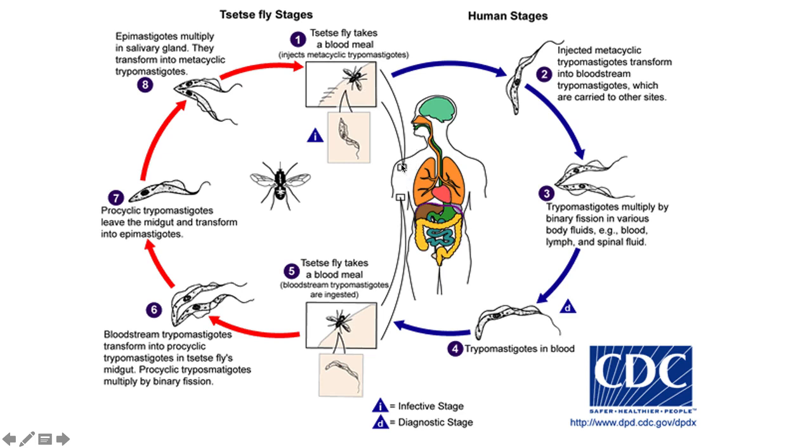Through its saliva, it transmitted the trypanosoma. Okay, it transmitted the trypanosoma. Which one? Trypomastigotes. The tsetse fly takes a blood meal.